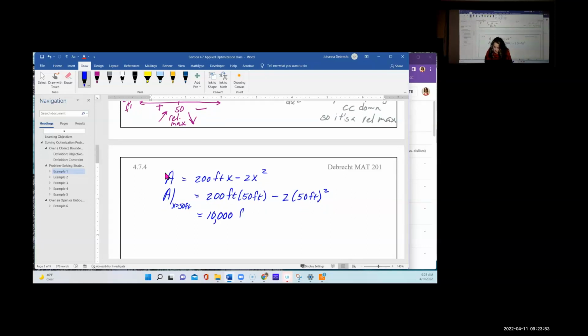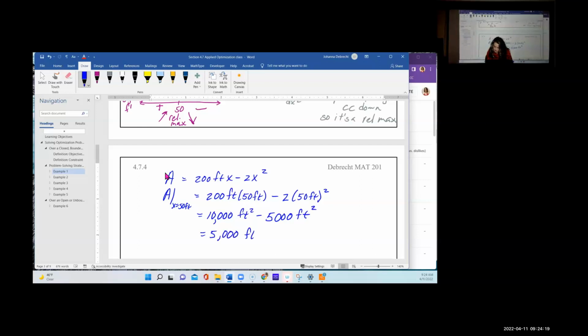So 10,000 square feet minus, let's see, 50 feet squared is 2,500 times 2. I'm getting 5,000. You guys check my arithmetic there. And so I'm getting 10,000 minus 5,000, which is 5,000, and this would be square feet.